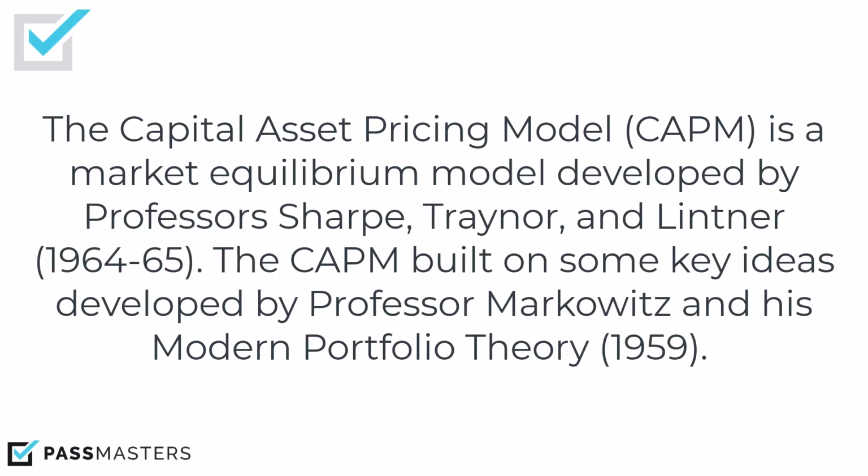The capital asset pricing model is a market equilibrium model developed by Professors Sharpe, Treynor, and Lintner in 1964 and 1965. The capital asset pricing model built on some key ideas that were developed by Professor Markowitz and his modern portfolio theory in 1959.